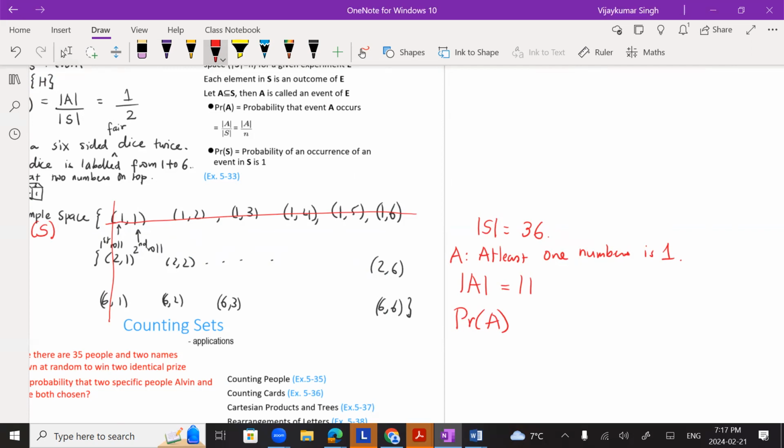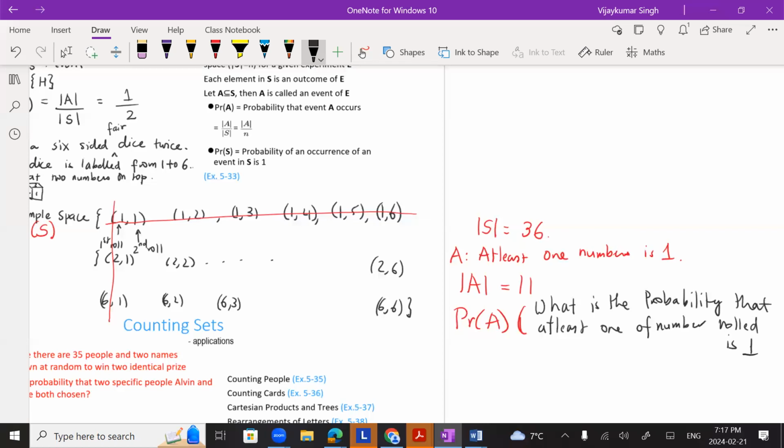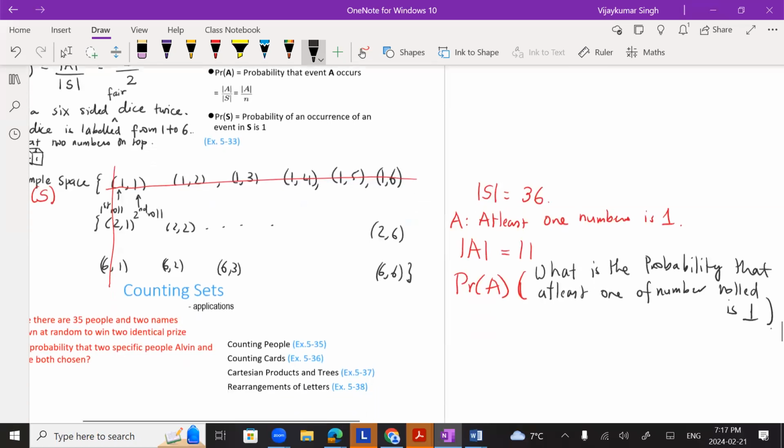Let's ask this question in words as well. What is the probability that at least one of the numbers rolled is 1?